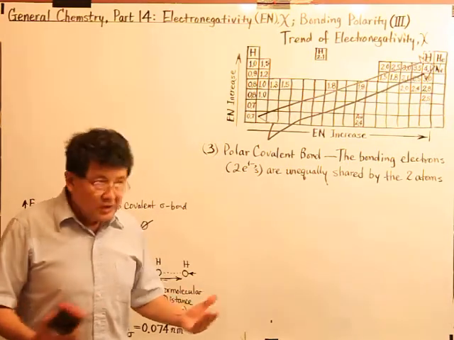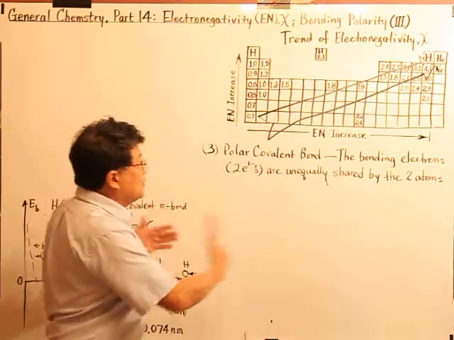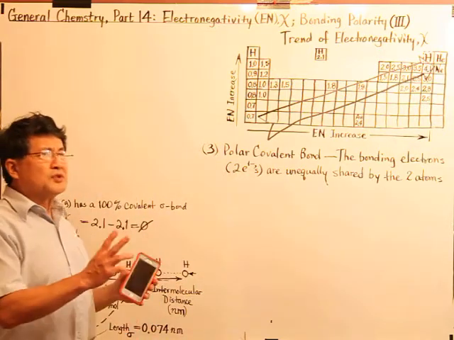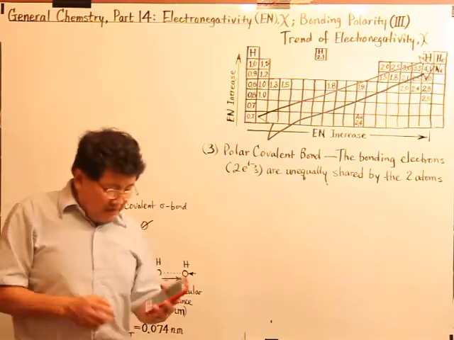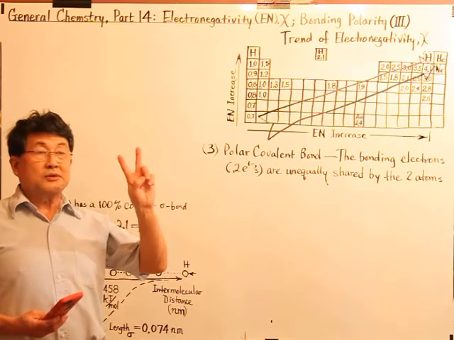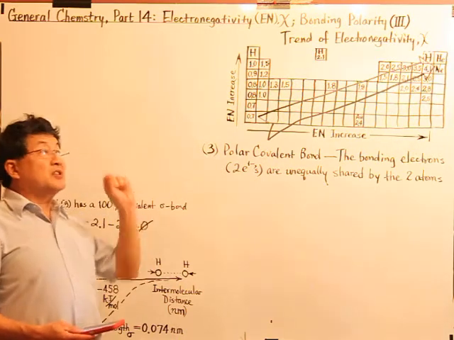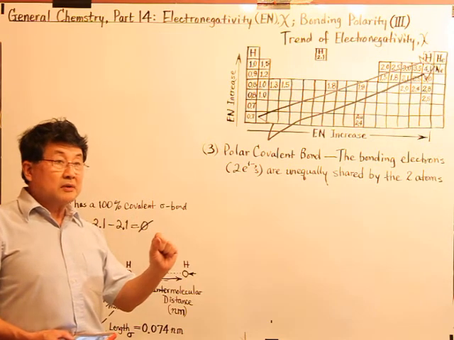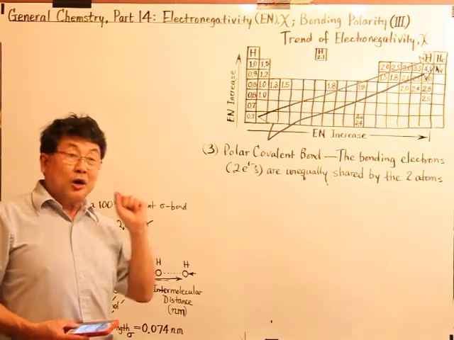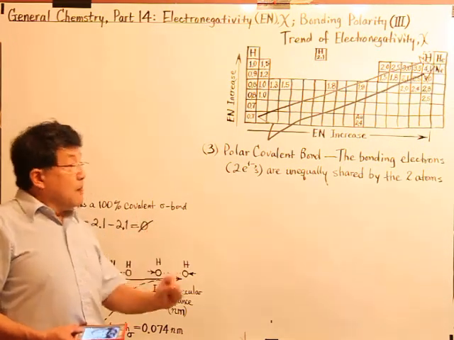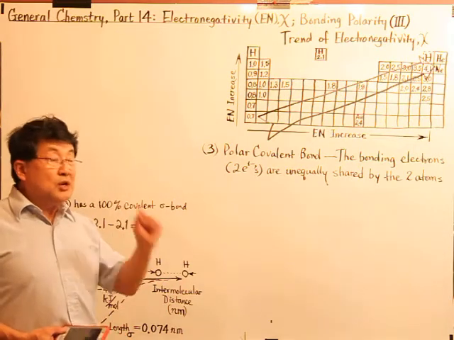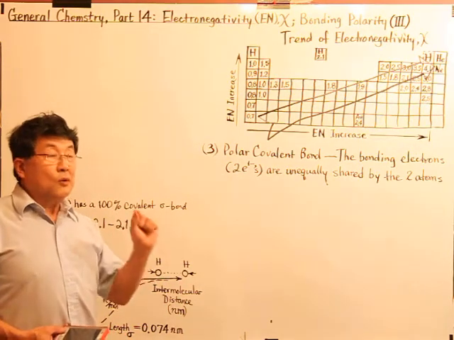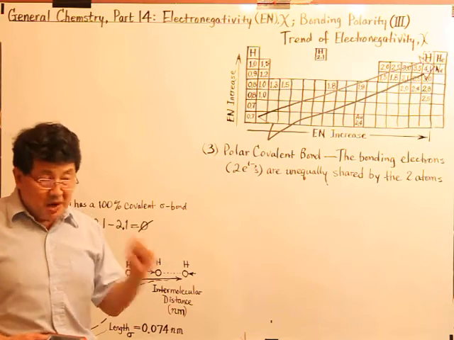Is that clear? So we have a distribution of the difference between the electronegativity values for two atoms. Only if they are the same element will they be 100% covalent. Otherwise, belonging to different elements, they are either polar covalent or ionic bonds, right?